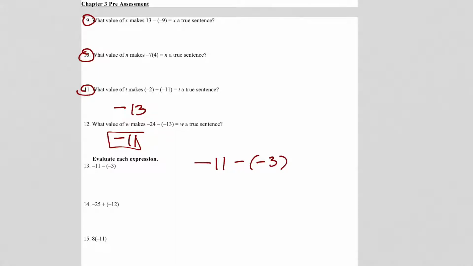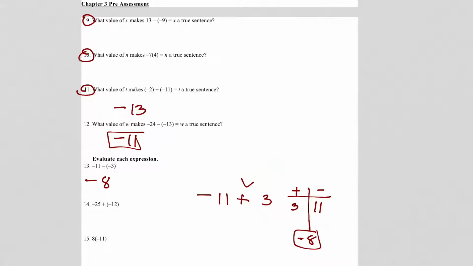Remember, two back-to-back negatives make a plus. So we have negative 11 plus 3. Scoreboard method. So there's a positive team and a negative team. 11 was scored by the negatives, 3 was scored by the positives, so the negative team won by 8 points. So the answer here is negative 8.